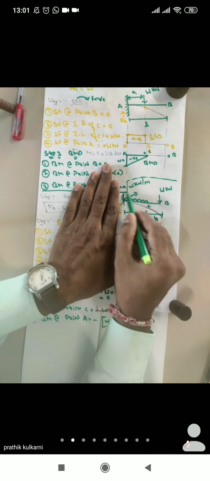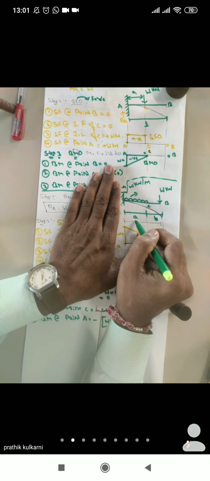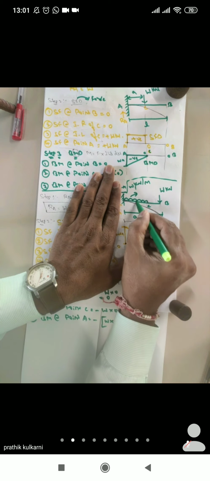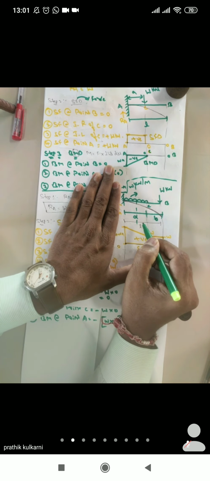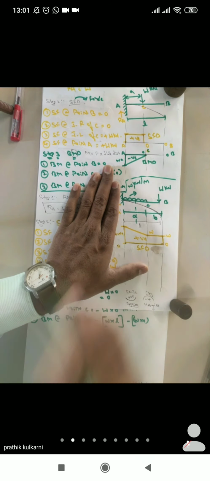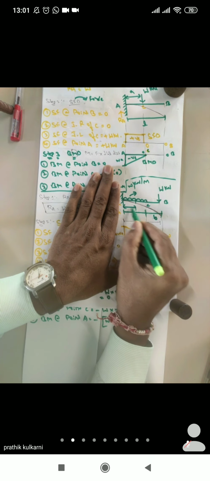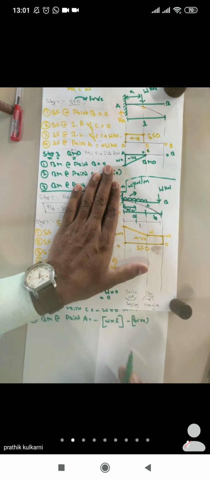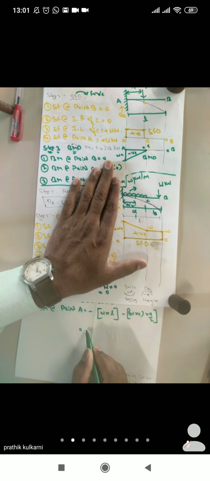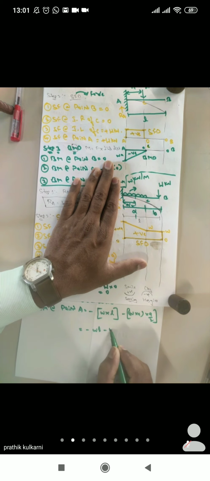Now what is the total force here? W into A is the total force. What is the perpendicular distance? You have to always be careful that the perpendicular distance for a UDL will act exactly at the center, which is A by 2. So I can write W into A by 2. So this is minus WL minus WA square by 2.